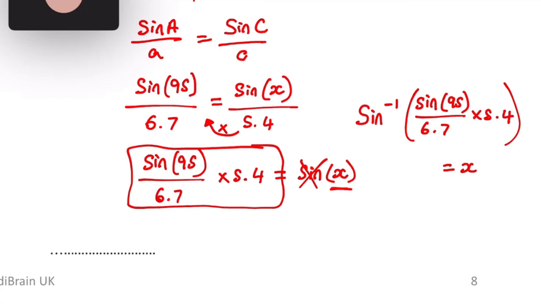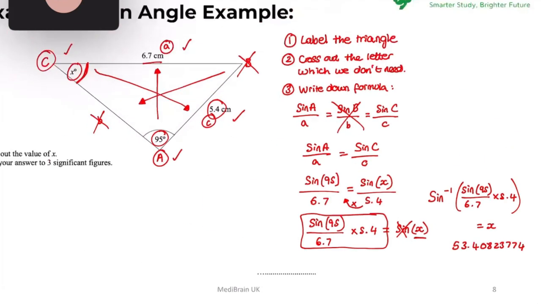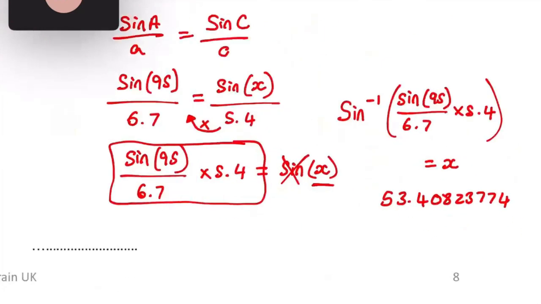To get inverse sine on the calculator, for those who don't know, you literally click shift and sine. If we type that into our calculator, shift sin, sine 95 over 6.7 multiplied by 5.4, close your brackets, and that should get you an answer of 53.40823774. To three significant figures, that is 53.4.